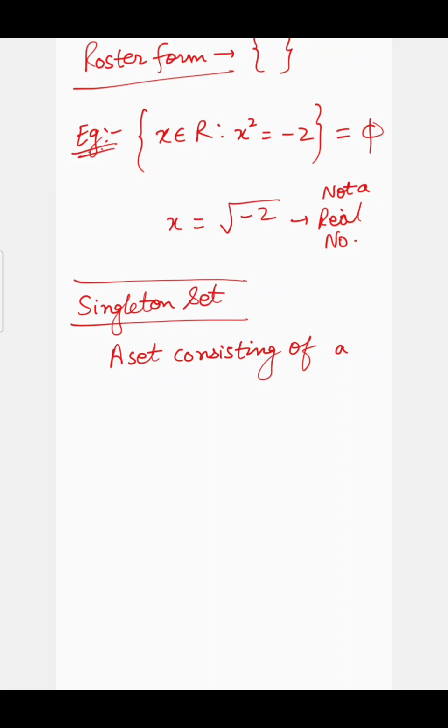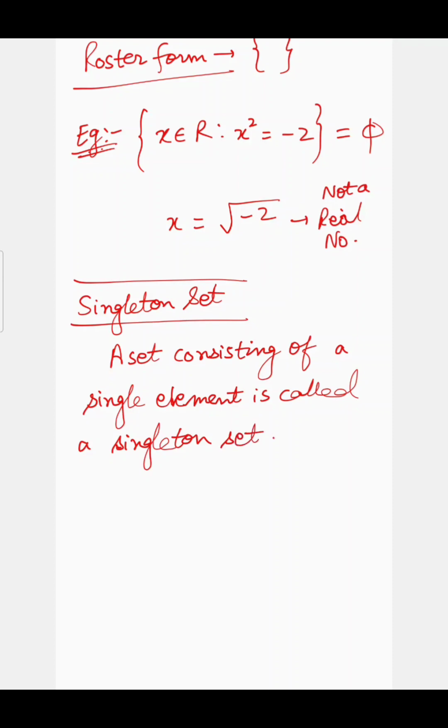Word से ही clear हो जा रहा है कि singleton का मतलब क्या होने वाला है. So a set consisting of a single element is called a singleton set.